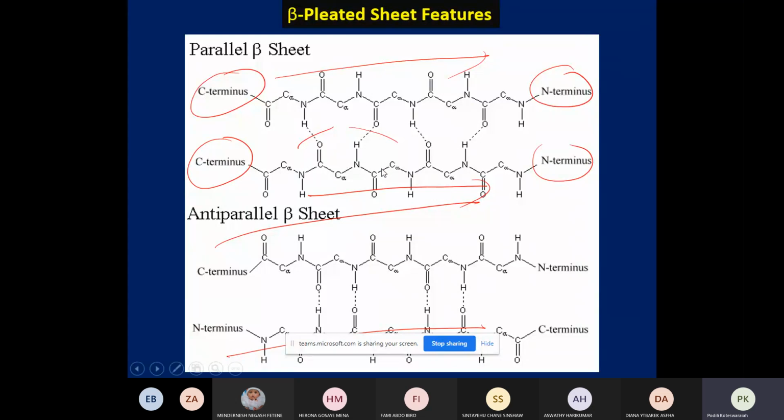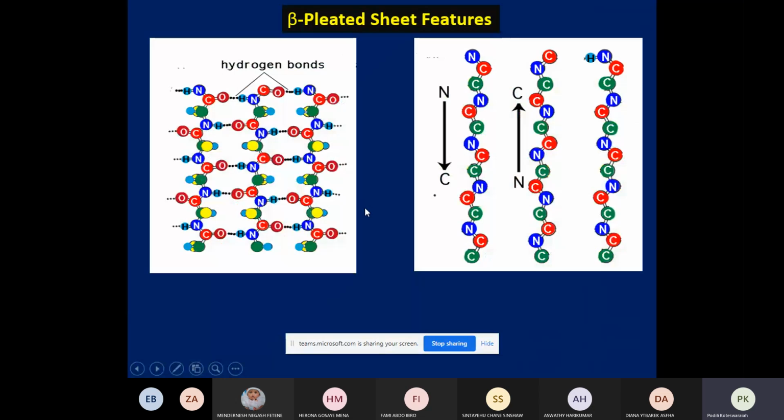So the beta pleated sheets are stabilized by the interchain hydrogen bonds. And you can also see here that in the parallel sheet, there is a distortion in the hydrogen bonding compared to the anti-parallel. That's why anti-parallel beta pleated sheets are more stable compared to the parallel beta pleated sheets.